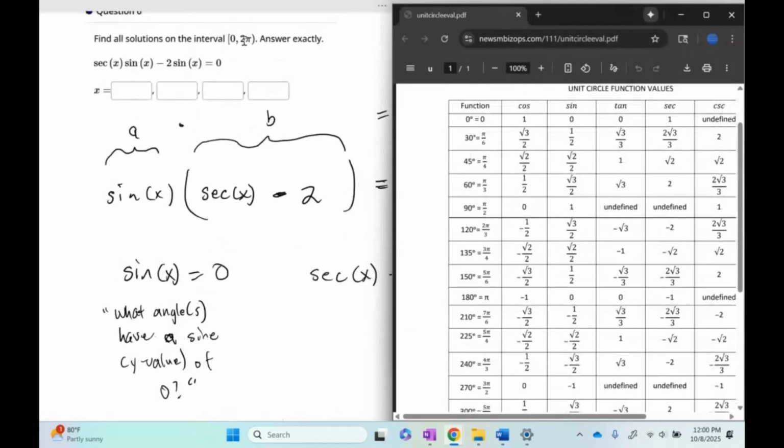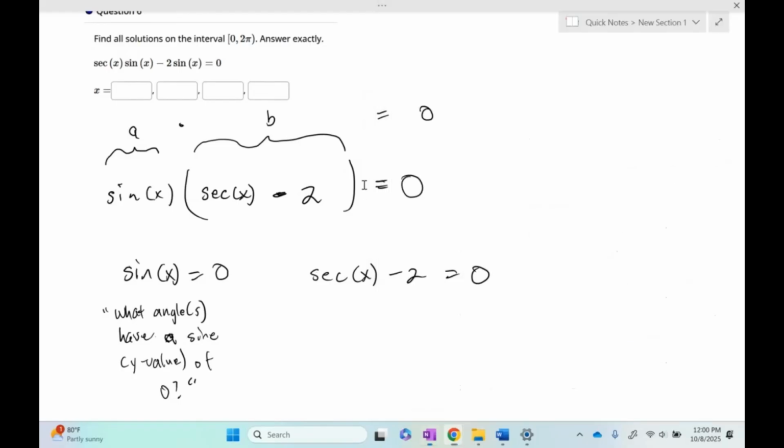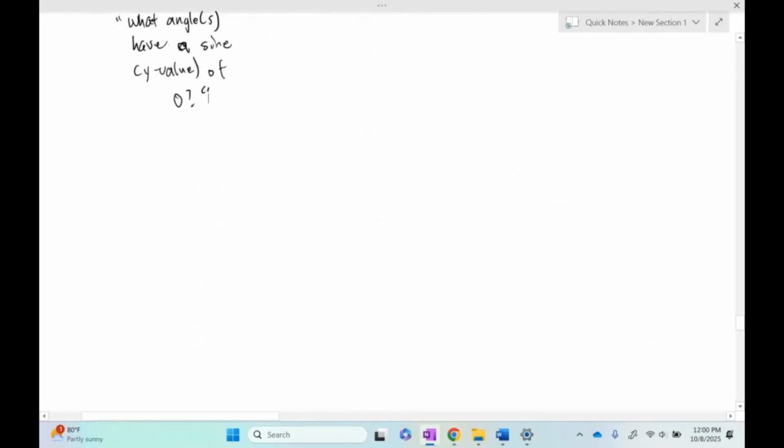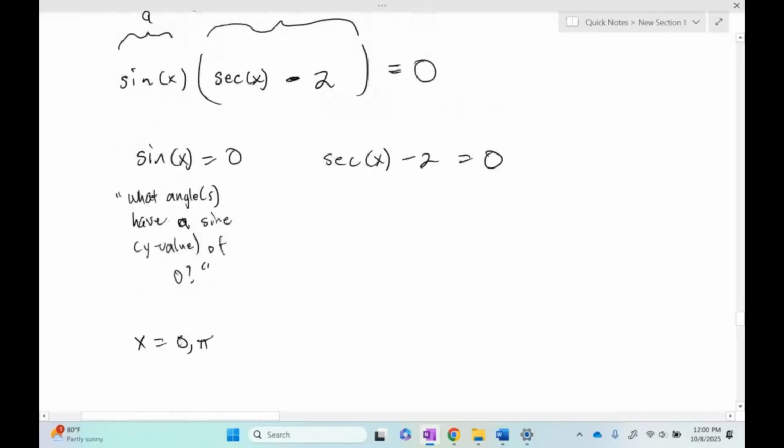So this is still saying 0 to 2 pi. All right, so we're going to look at the sine. And it seems like the angles that have a sine of 0 are 0 radians and pi. So x is equal to 0 and pi.